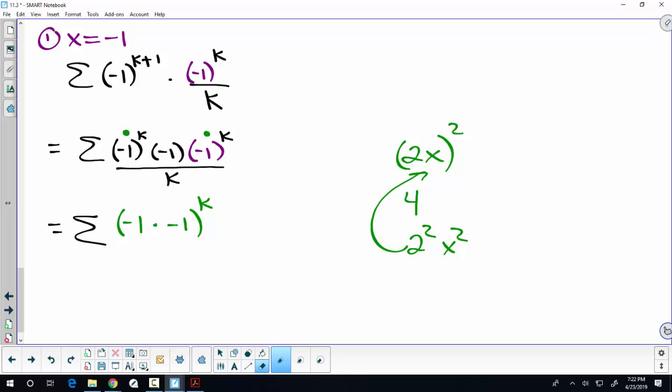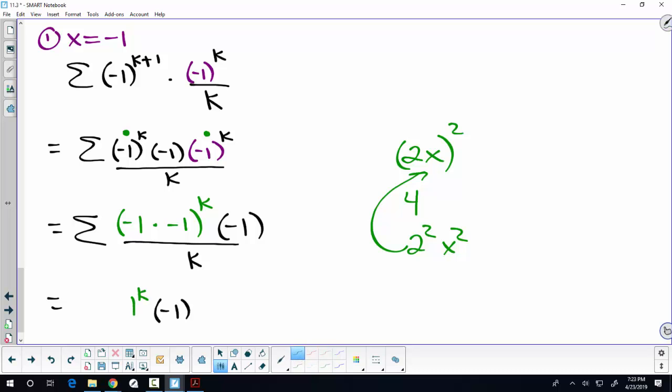Okay, and then we still have our -1. So there's really nothing we can do. That's just a -1 all over k. But this stuff in green is just 1 to the k, which is always 1. It's just -1 over k.